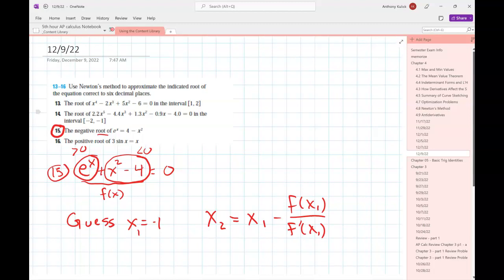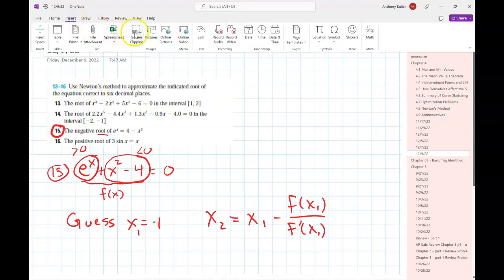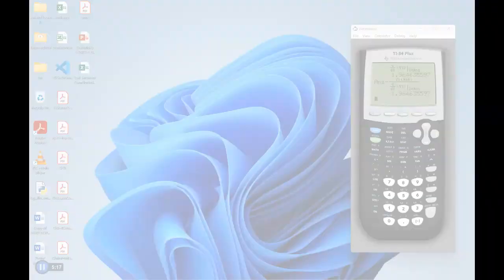Mia, do you have one? 4.7, number 15. Sure. And I will apologize in advance. Somebody asked about one of these optimization ones from 6th hour. I think it was like number 29 or something.